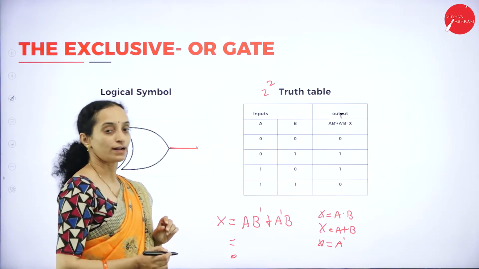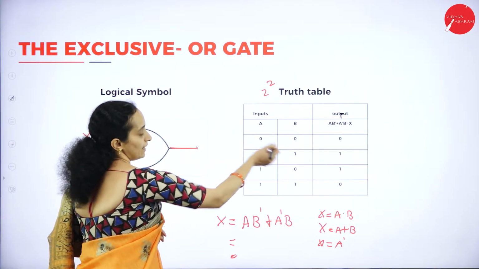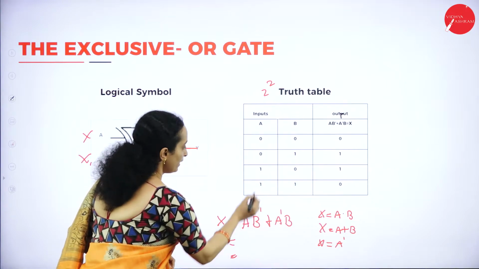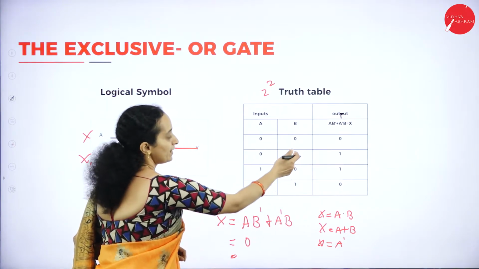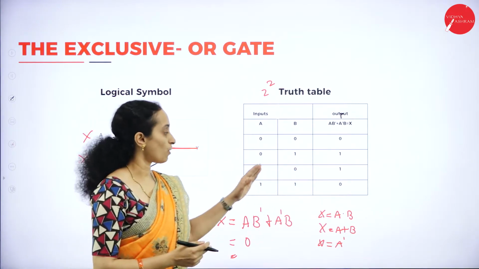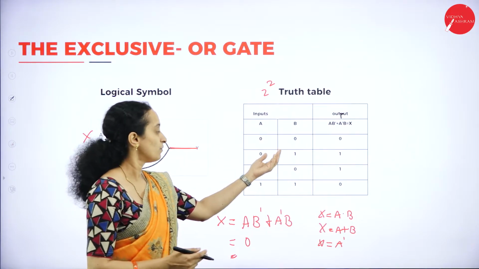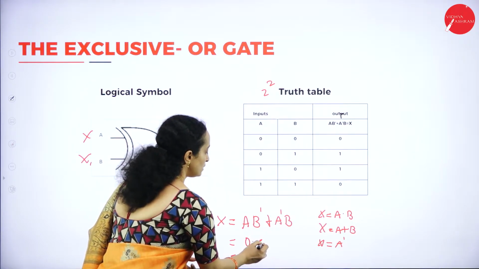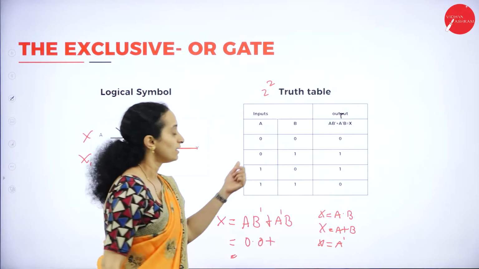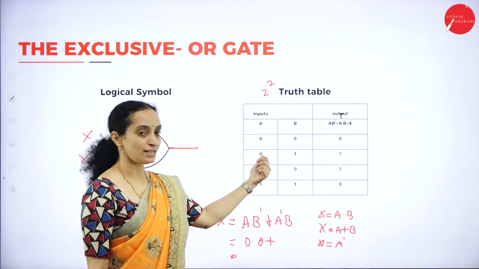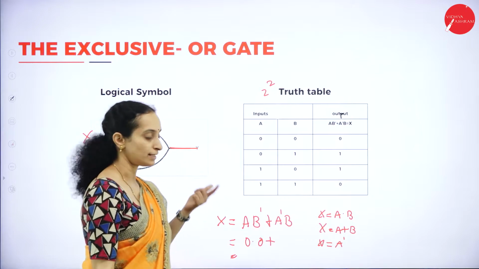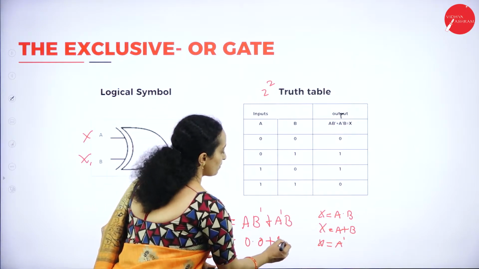Alright. If you check another combination, say 0, 1, A is 0, B is 1, so the complement of B, B dash, becomes 0. 0 into 0 plus A dash. A is 0, the complement of 0 is 1, so A dash will be 1.